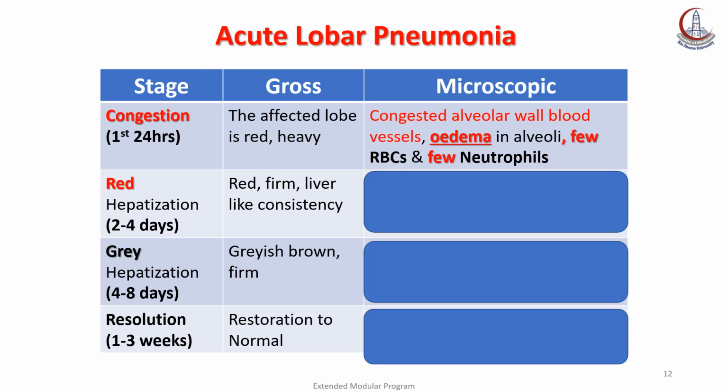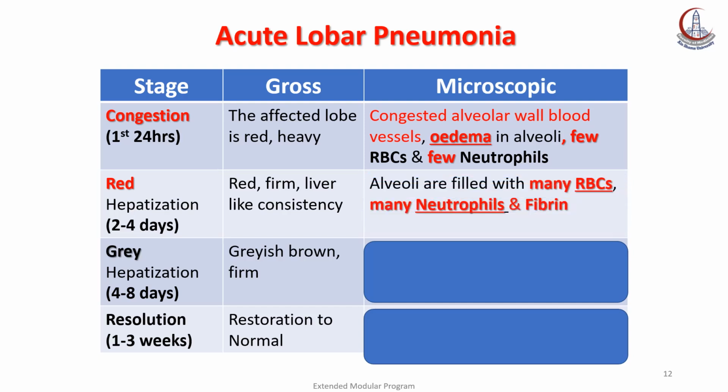There is red, firm, liver-like lung consistency. Under the microscope, alveoli are filled with many red cells that give the red color, many neutrophils, no pus cells, and fibrin threads.